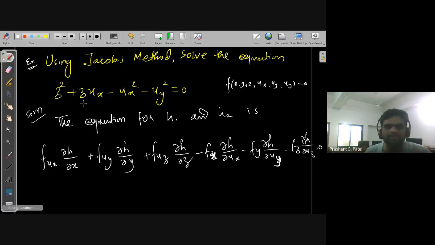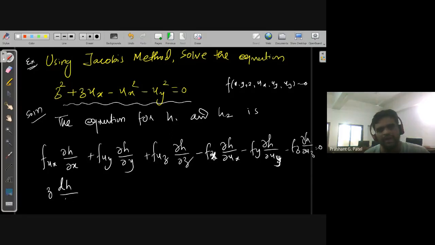So this is my function f. The variables are x, y, z, ux, uy, uz. So what is the partial derivative of this with respect to ux? That is the first equation we can have.